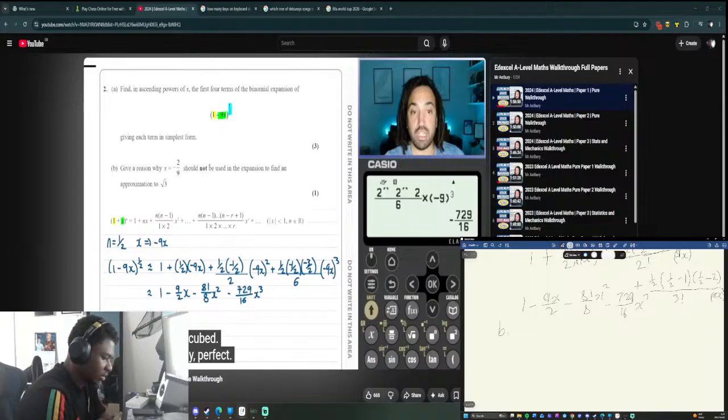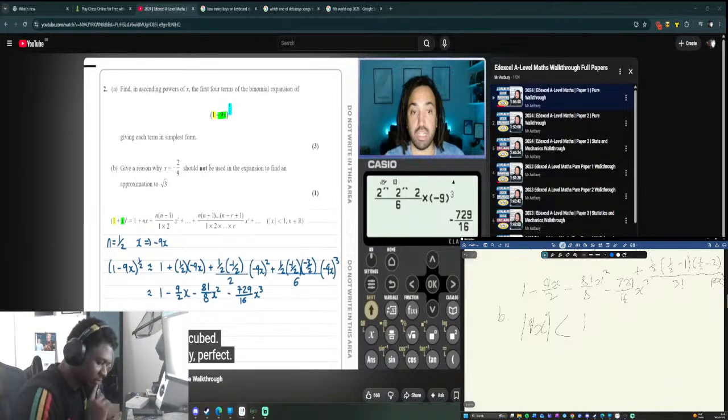So it's going to be a 1, which means that x has to be 1/9. So it has to be smaller. The modulus has to be smaller than 1/9.